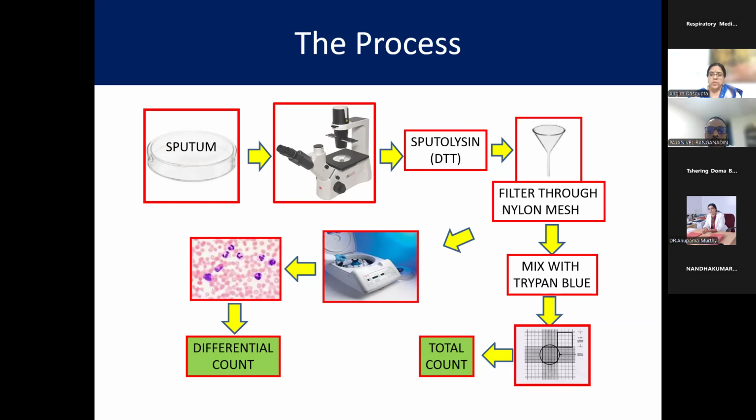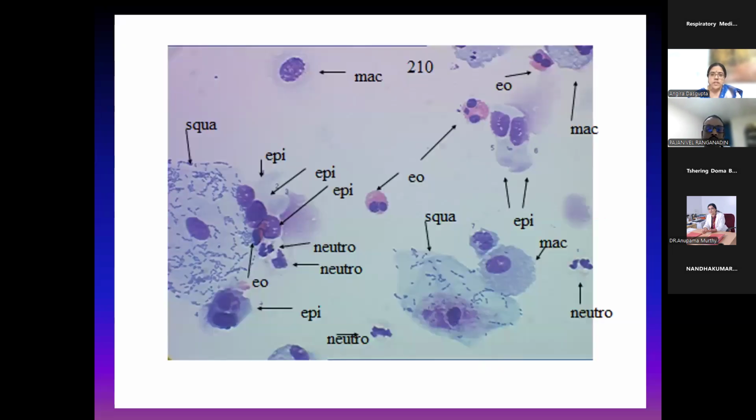One part goes into the hemocytometer, where it is mixed with trypan blue, and we do a total cell count. The second part goes into the cytospin, where you can get a good slide and a differential count. So at the end of the sputum quantitative assay, what we really get is the total cell count and the differential cell counts, which guide us in treating such patients. This is one of the ways the slides look.